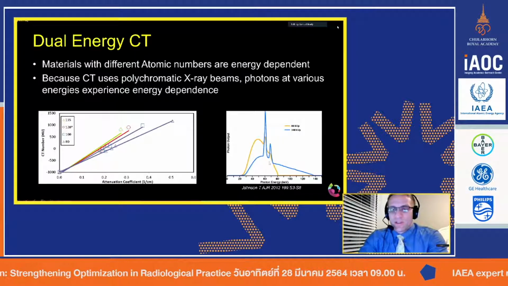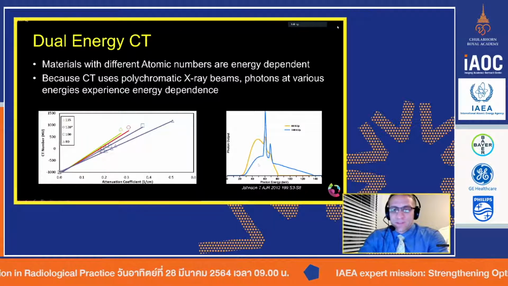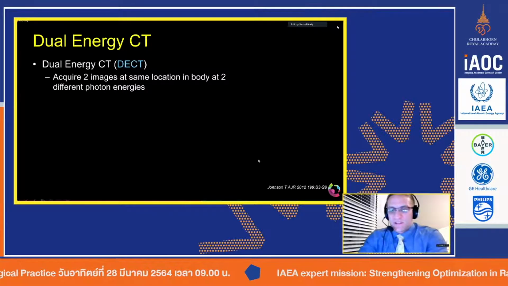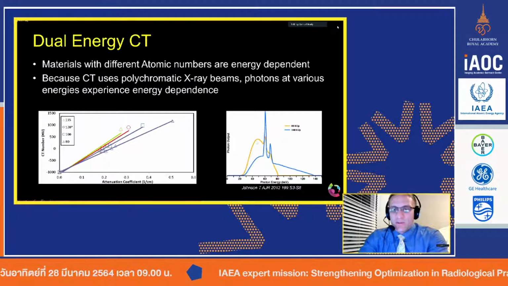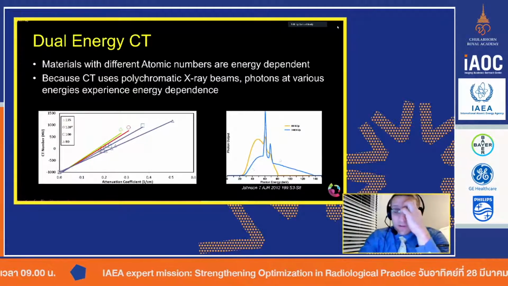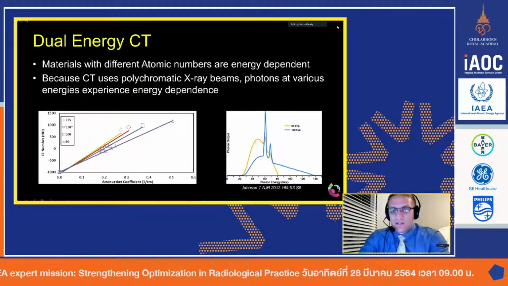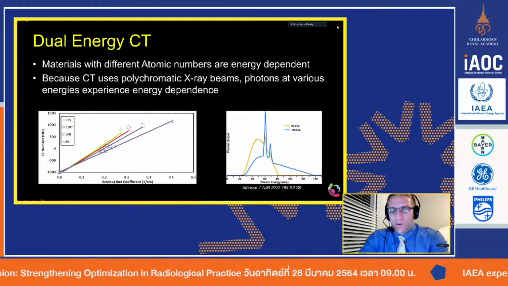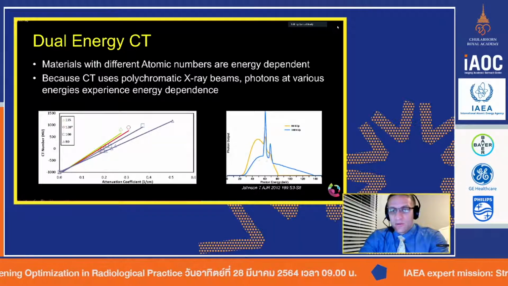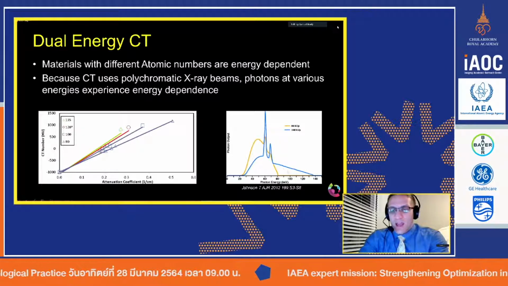And so each of these photons will interact with our body slightly differently. You can see that depending if we image with 80 kV, which is this orange curve, versus blue at 140, there's different quantities of energies. At 80 kV, there are more low energy X-rays, and on the blue curve, at a high kV, 140, there are more high energy X-rays.